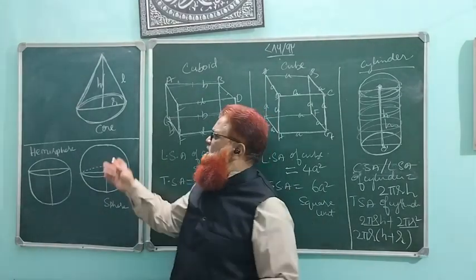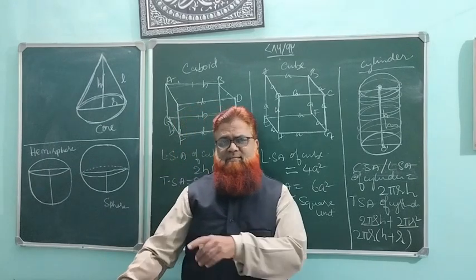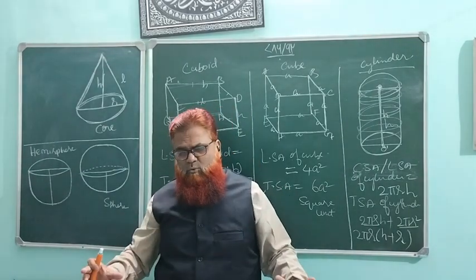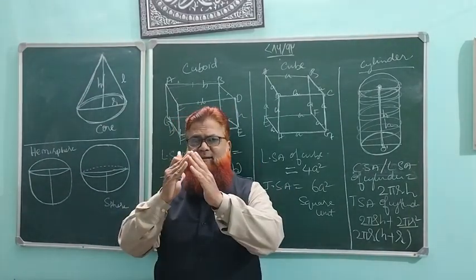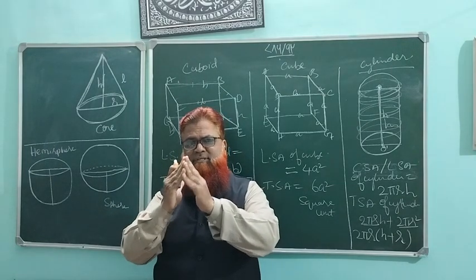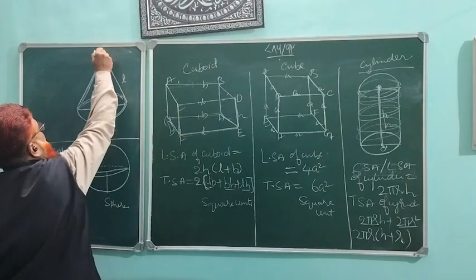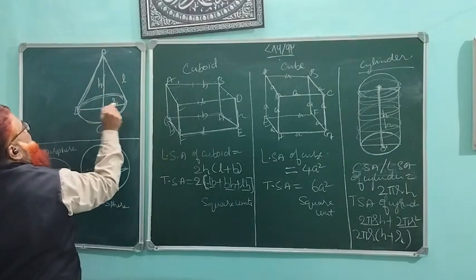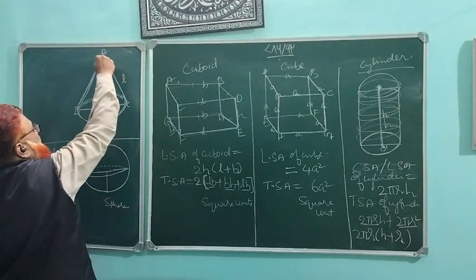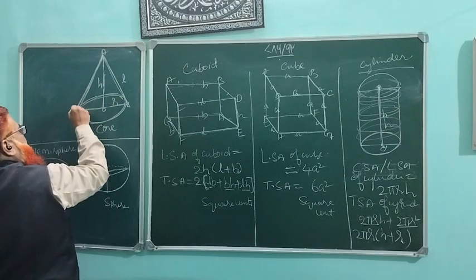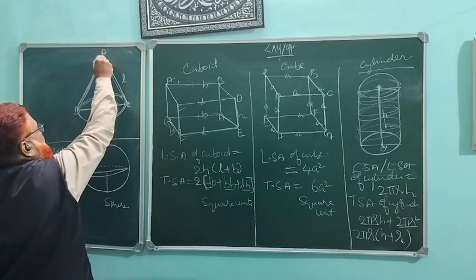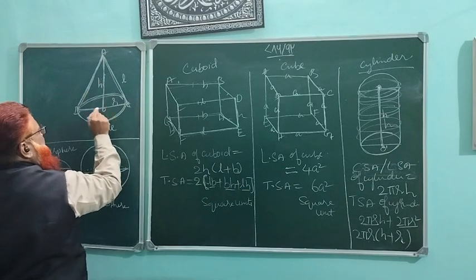It is a geometrical figure where the bottom has a circular shape and the slant heights meet at a common point. You can see here A, B and C and O. AC and AB are the slant heights and AO is the vertical height.